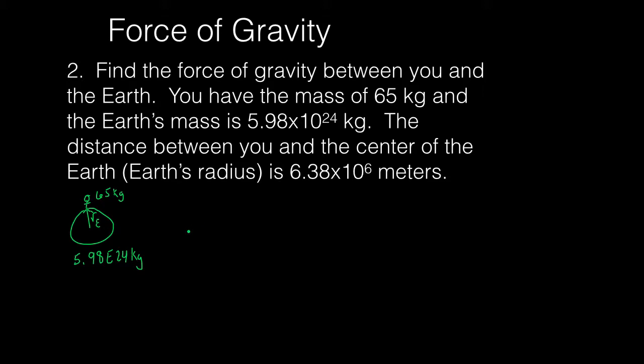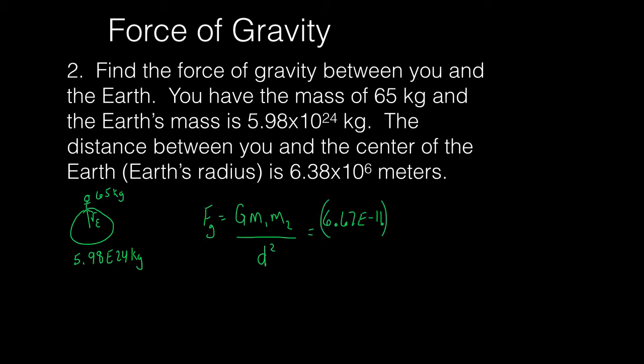Okay. And now we can use Newton's force of gravity equation. So force of gravity is equal to G, M1, M2, all over the distance between the two objects squared. Now I'll just plug in those numbers. G, I didn't give it to you here, but I always will in the problem. So 6.67 times 10 to the minus 11th.